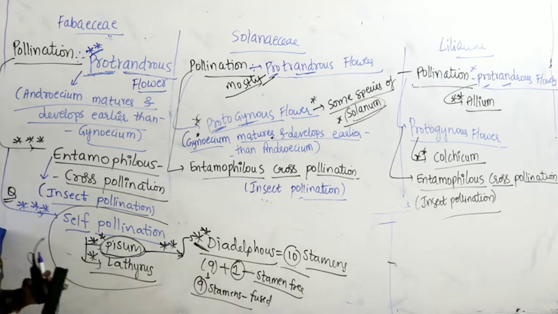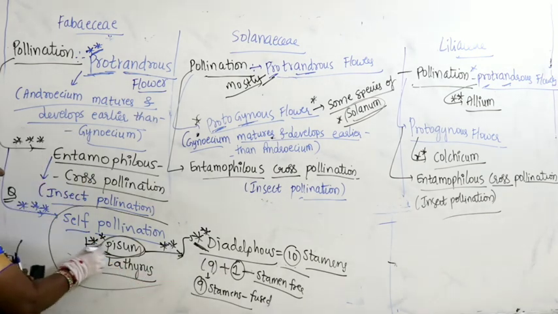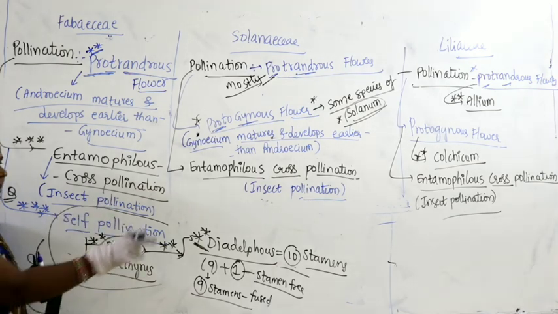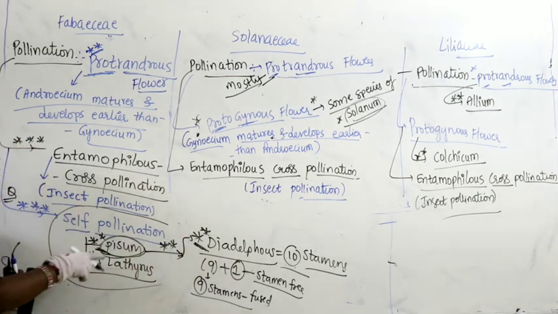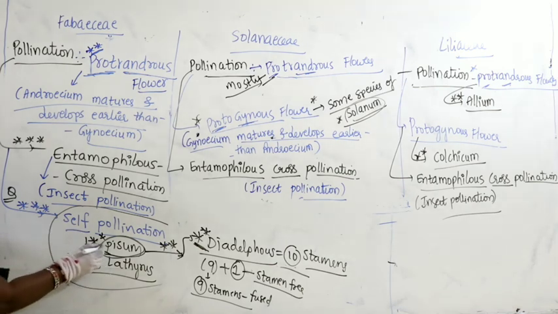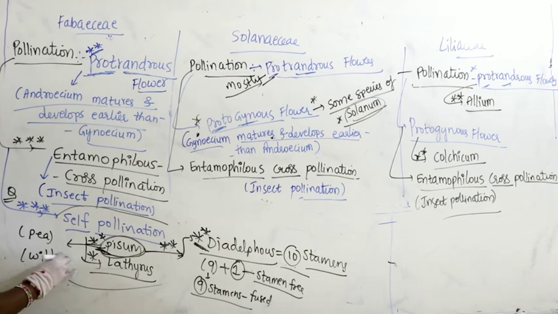Total number of stamens are 10; in that 9 are fused, 1 is free. The same Pisum, earlier we have discussed in androecium, number of stamens are 10, diadelphous. The same Pisum example also exhibits self-pollination. Self-pollination we find in case of both Pisum as well as Lathyrus. Pisum common name is pea plant, and Lathyrus is commonly called wild pea.